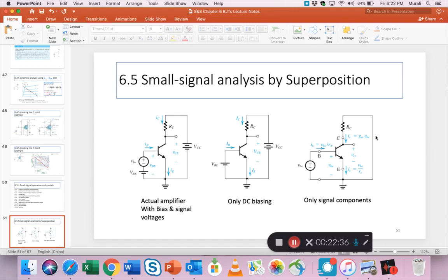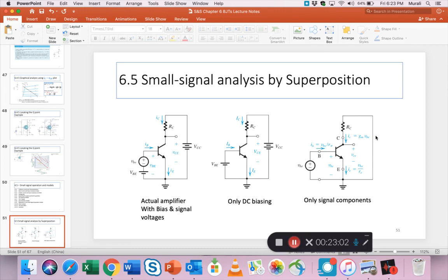I think you pretty well know what superposition is, even from our very basic material we learned way back in EE 188, right? We were doing basic circuit analysis and we studied superposition. Superposition means if you have two different sources, voltage sources or current sources in a circuit, you can analyze them one at a time.